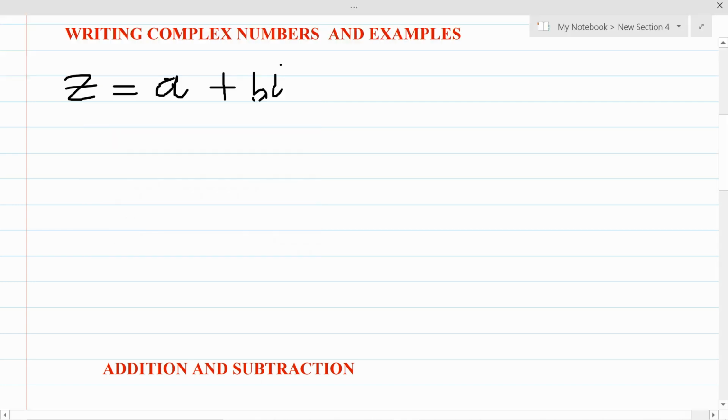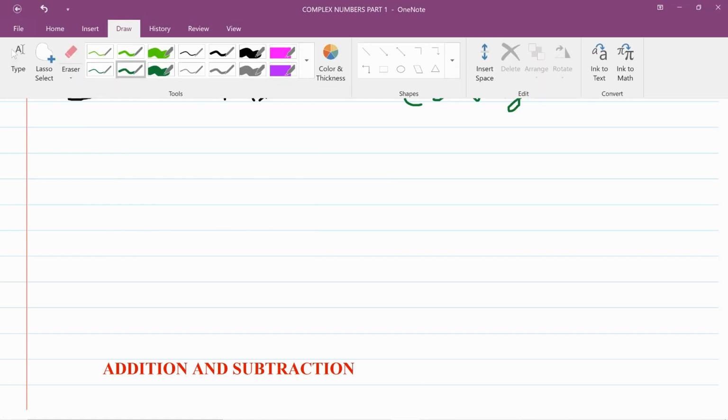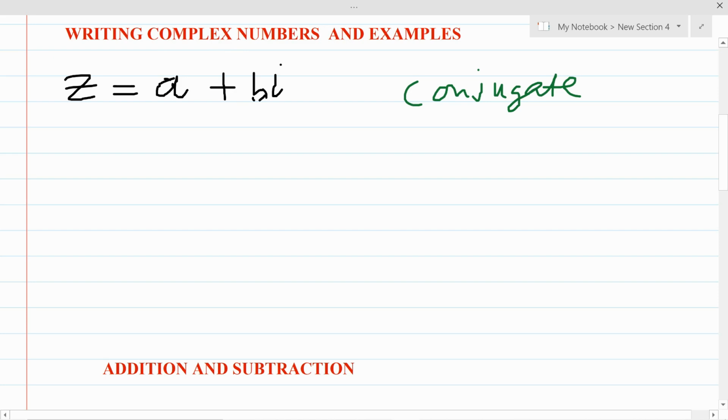Okay, so the conjugate of a complex number: if I have a complex number z equals a plus bi, then the conjugate of z, which is called z bar, is equal to a minus bi.